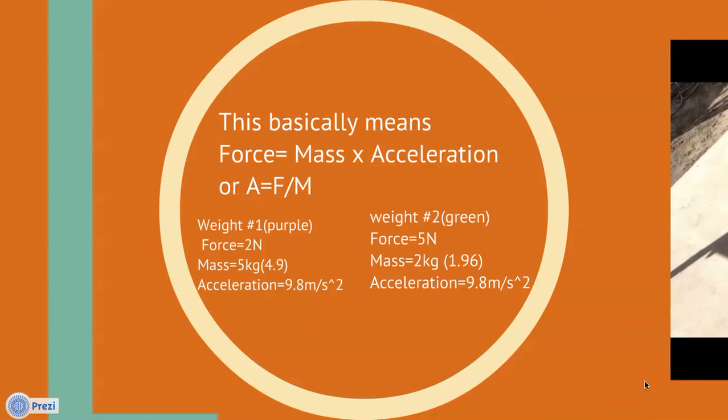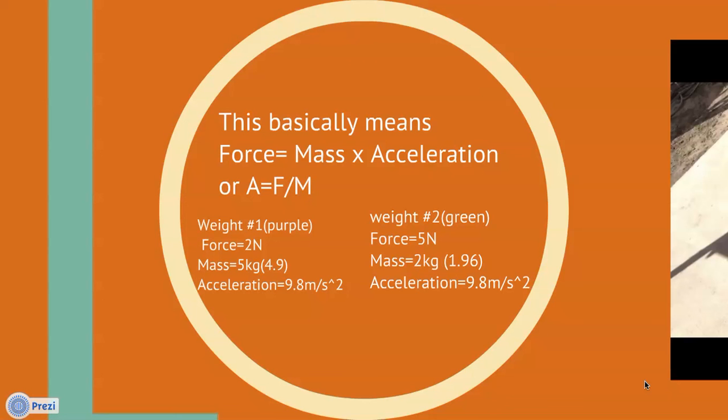In this case, two objects are being pushed down at the same time but with different mass. The purple object weighs less, so it moves farther than the green object that weighs more.